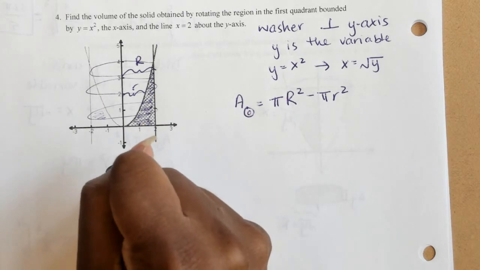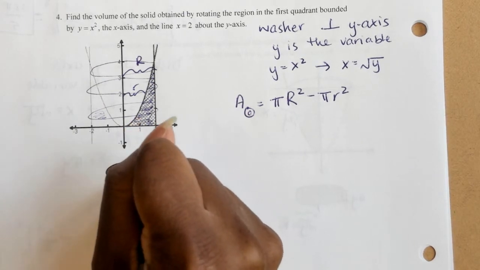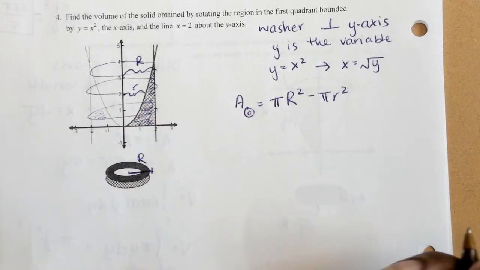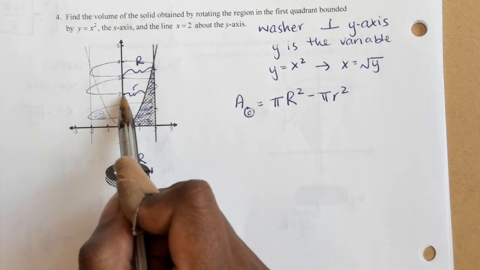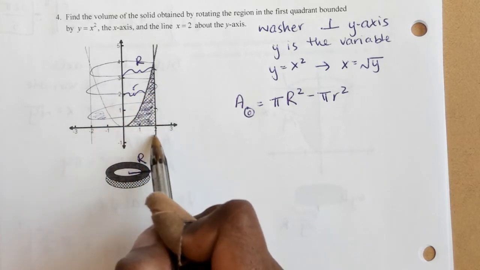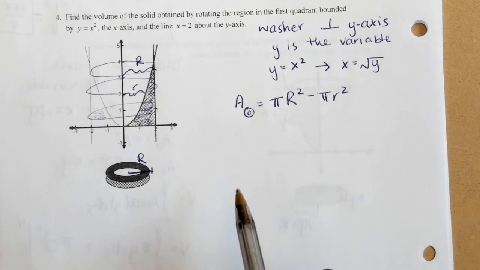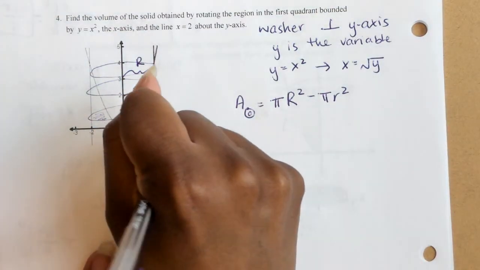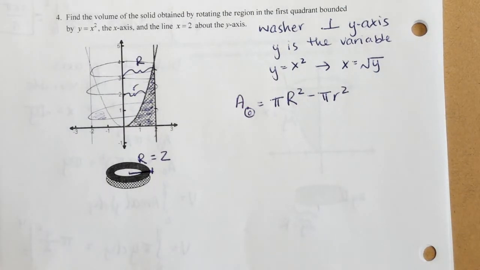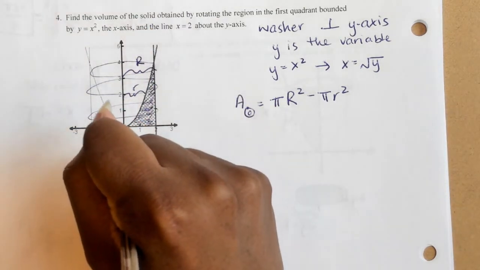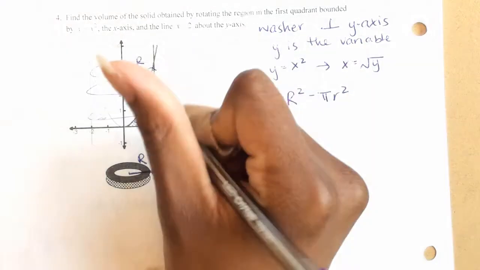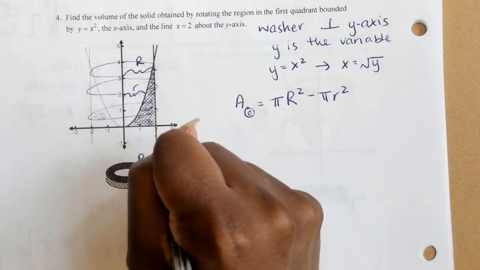So if we look at this washer, our big R is the whole space from the y-axis to this line, which is true. So our big R is equal to 2. And our little r is just from the y-axis to our inside line, which was square root of y.